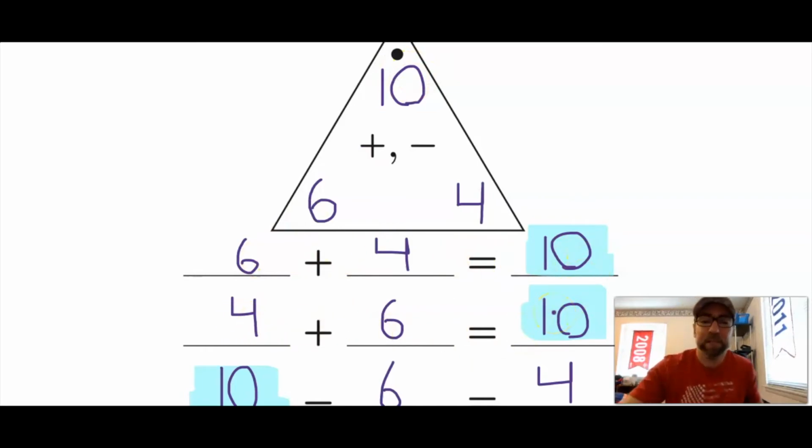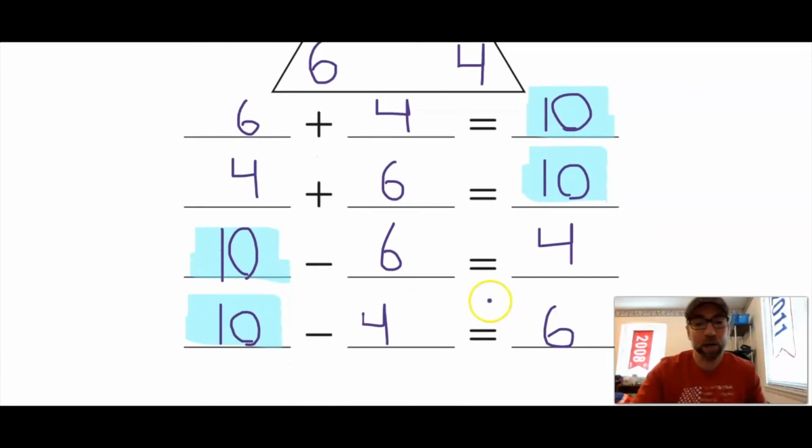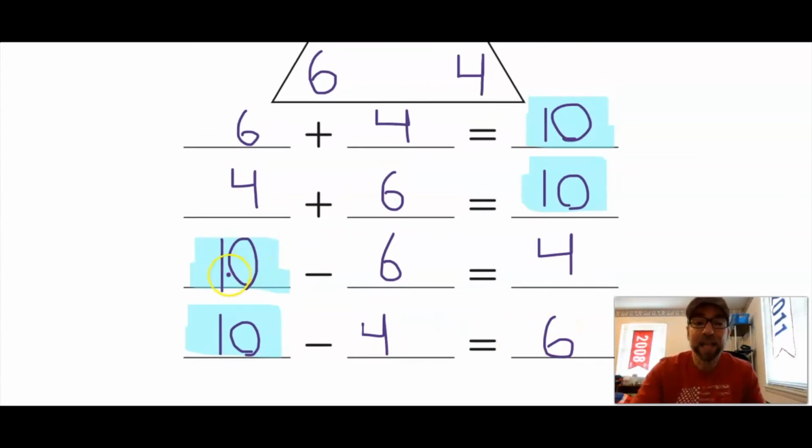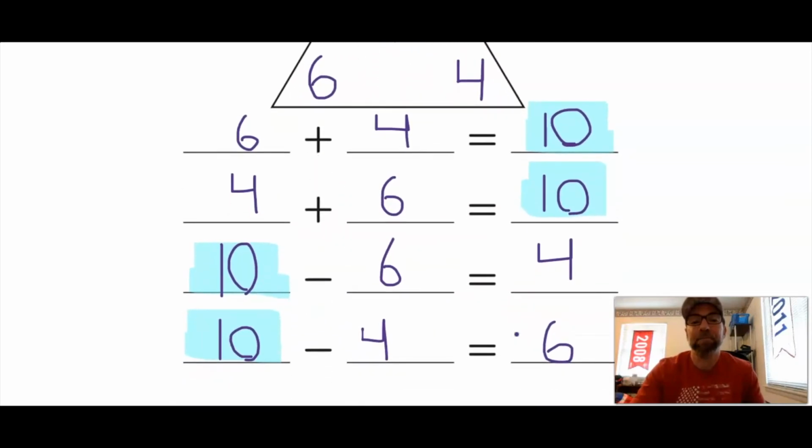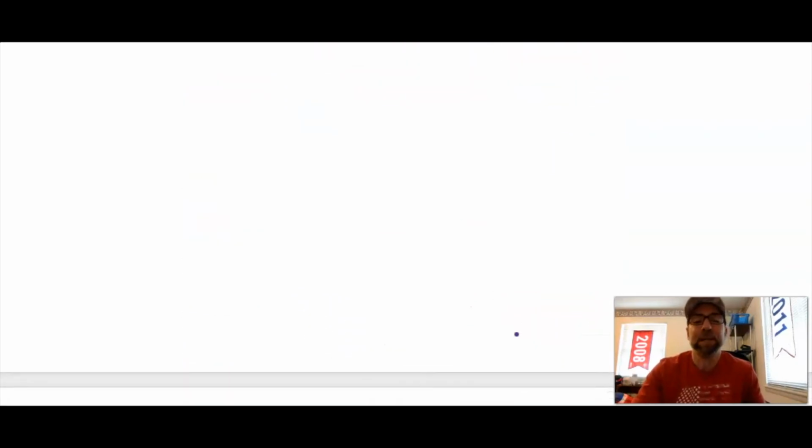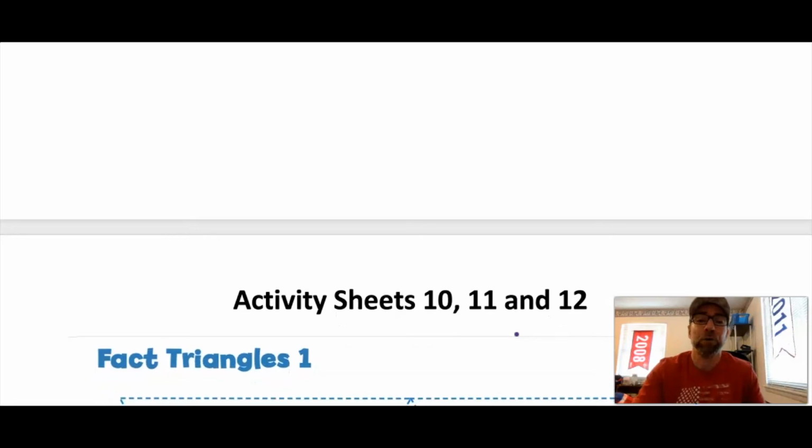Then I had to come up with subtraction, and I started with my biggest number, 10. 10 minus 6 equals 4. 10 minus 4 equals 6. Again, I used the same 3 numbers to make the subtraction problem. Awesome job.